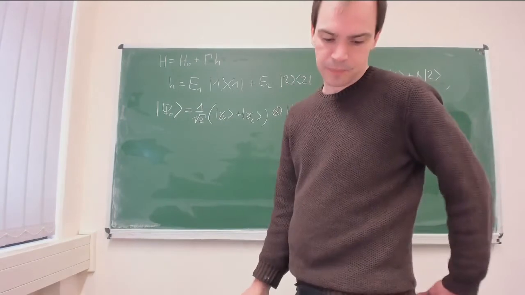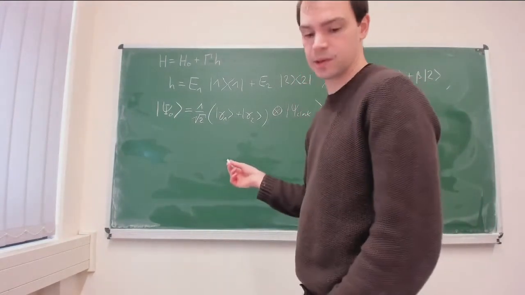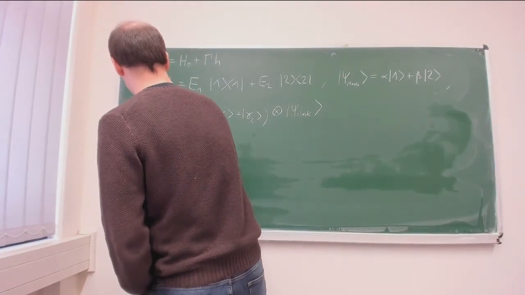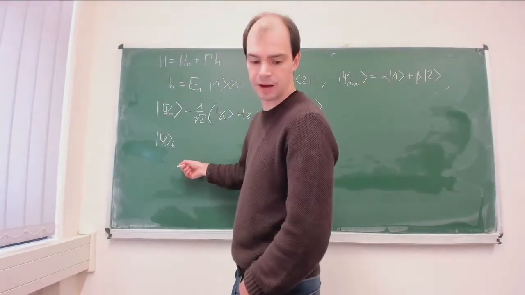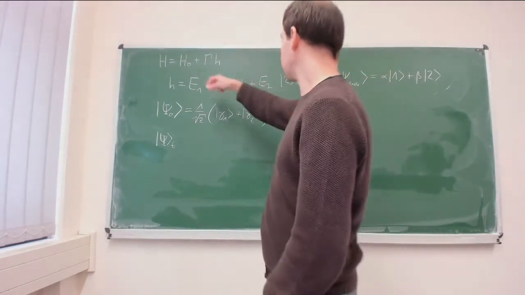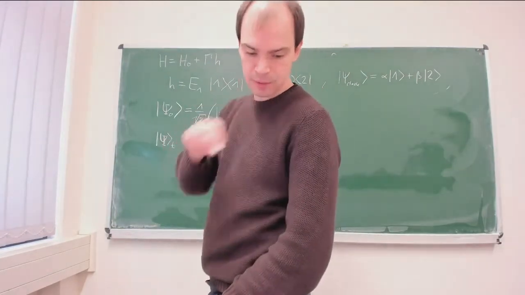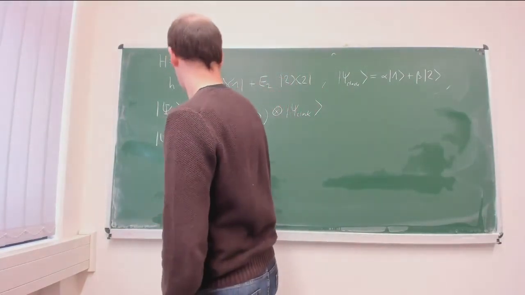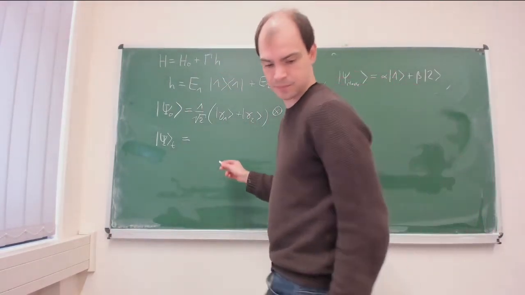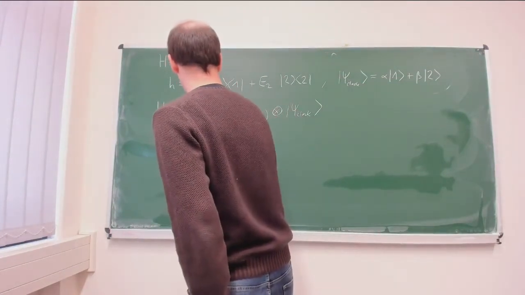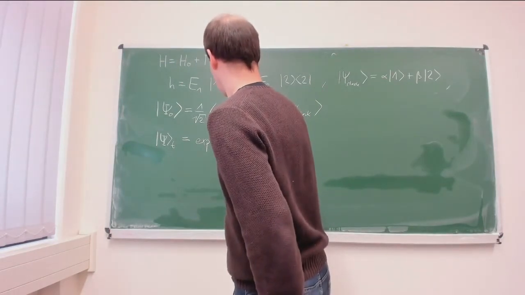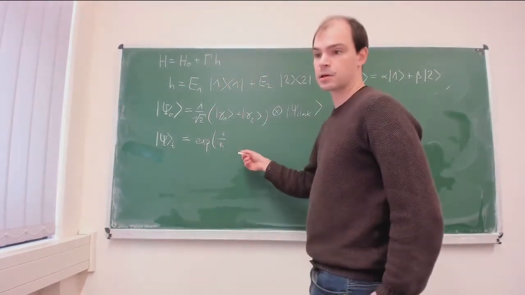And now we can look at the time evolution of the state. If we look at the state psi after some time t, then we find immediately from the Hamiltonian that this psi t is the exponential of it divided by h bar.